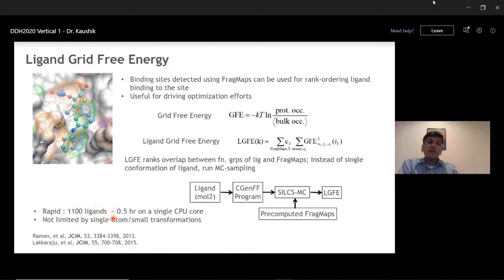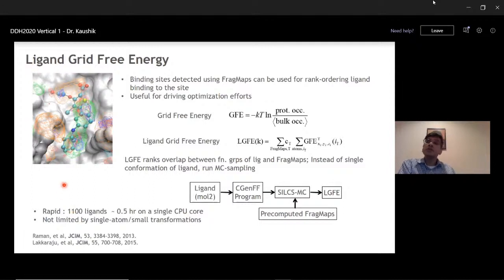Again, this is a metric that was benchmarked almost 4 years ago, so I'm pretty sure this number is even better now, but this is a ballpark. It gives you an idea that you can evaluate almost 1,000 ligands within half an hour on a single CPU core once you have pre-computed these fragments.